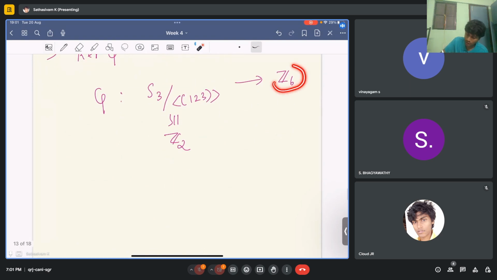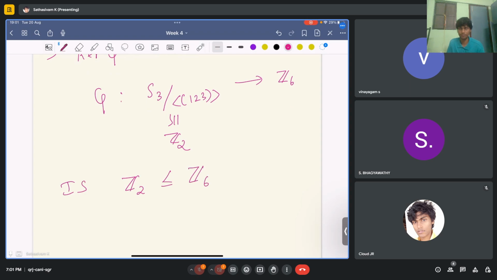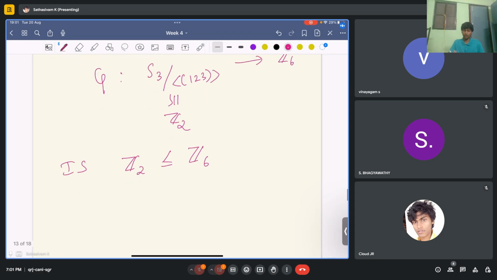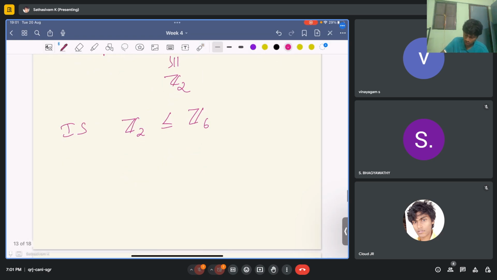So let's look at Z6. Is Z2 contained in Z6? When I say Z2 contained in Z6, I mean up to isomorphism. I'm not saying it exactly as two elements, I'm saying up to isomorphism whether it's contained here. And the answer is yes. You can look at this particular subgroup {0, 3}.